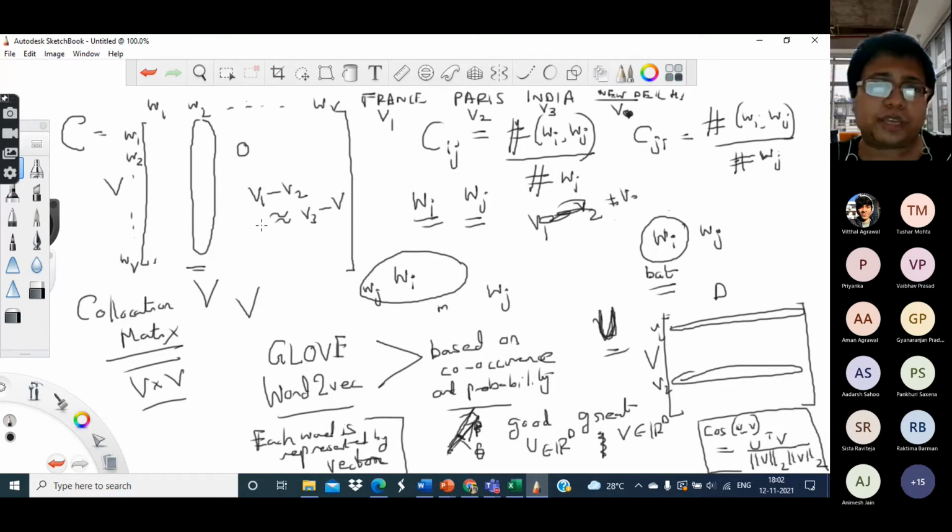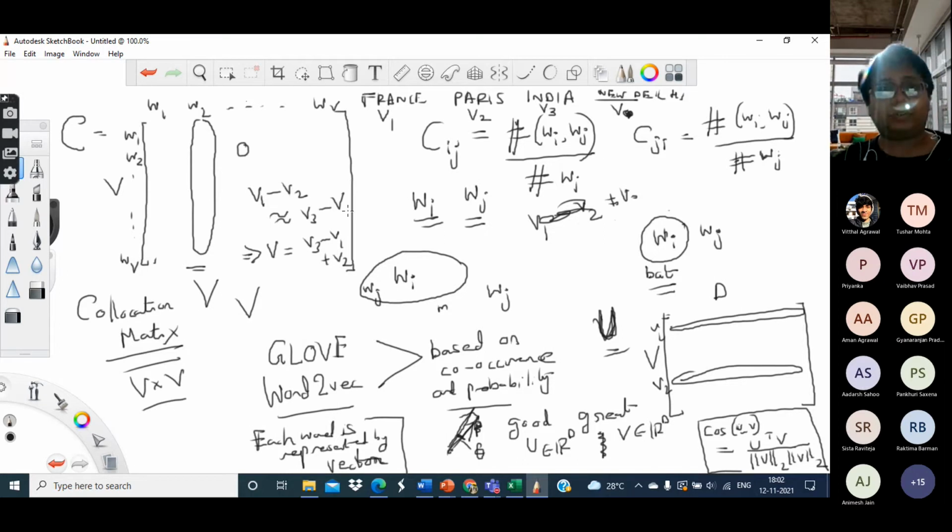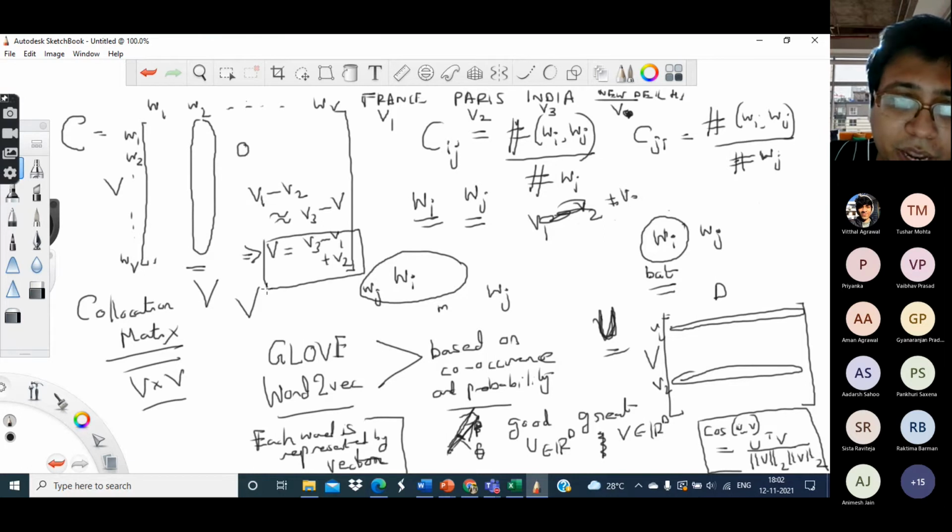If this equality held, then I could calculate v as follows: v is equal to v3 minus v1 plus v2, right? That just follows from normal algebra. If I know the vectors v3, v1, and v2, I can just subtract and add them, and that way I will get a vector v.